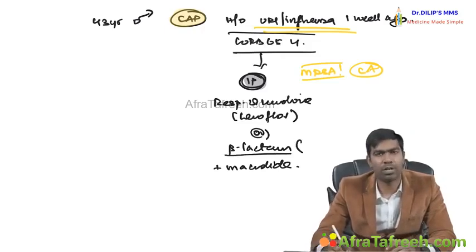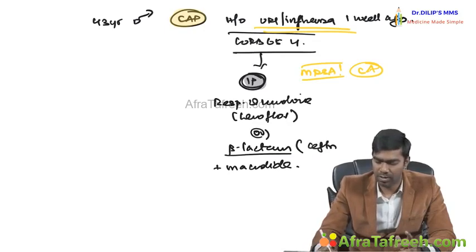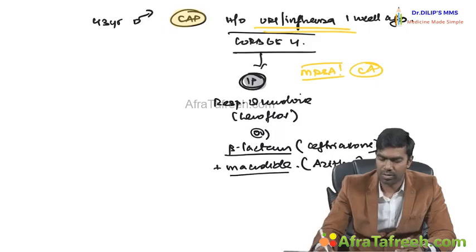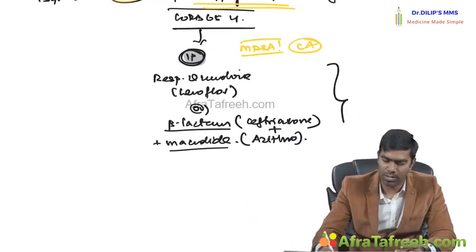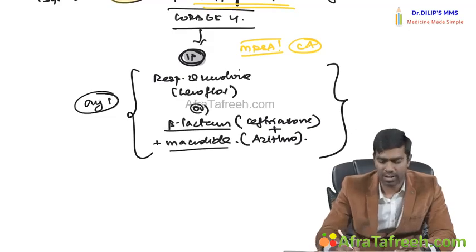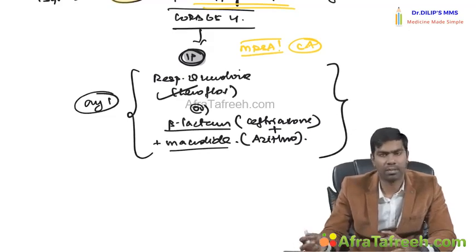The beta-lactam could be ceftriaxone or cefotaxime, or cefoperazone-sulbactam. Let us prefer ceftriaxone here, and the macrolide I am going to prefer is azithromycin. So I am going to use this combination or levofloxacin alone. I am using any one of these regimens, either levofloxacin or a beta-lactam plus macrolide.